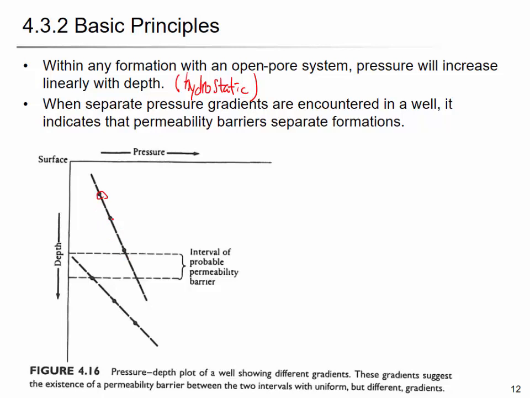Here you have a measurement, so that increases, and suddenly you have a drop in pressure and start again. So then you have one gradient and another gradient at shallower depth, and this means that in this region you have some impermeable barrier which separates the two geological formations.